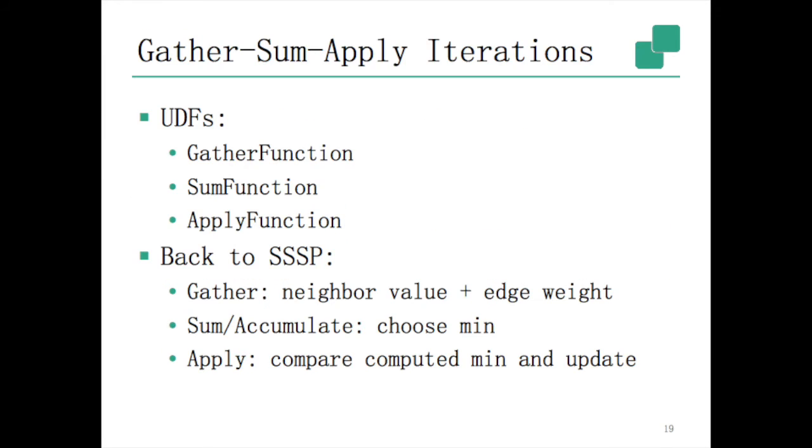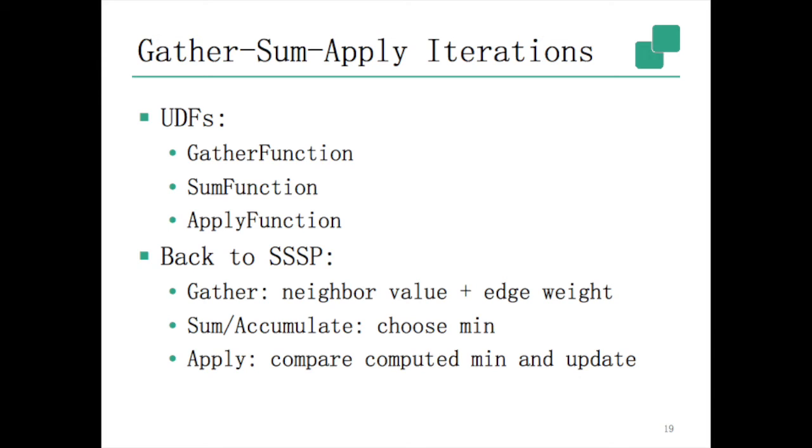We now move to gather sum apply iterations. So for those of you who know, PowerGraph does gather, sum, apply and scatter. In Flink, we only support one update at a time in the delta iterations, so we can only support the 3 gather sum apply steps. And since the majority of algorithms update the vertices, we chose to support these 3 UDFs: a gather function, a sum function, and an apply function.